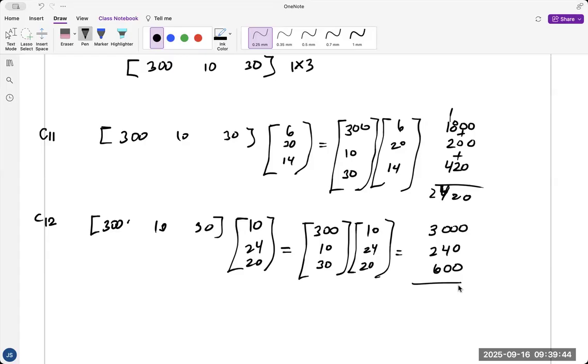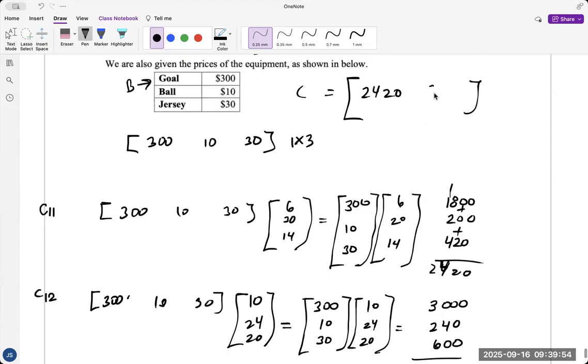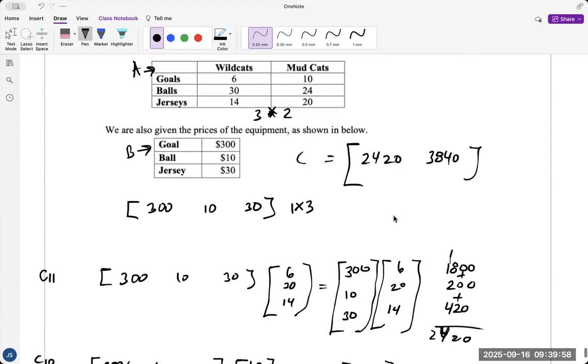We add them: 0, 4, 8, and 3. So it looks like 3,840. And there we go. That's an example of a real life type of example.